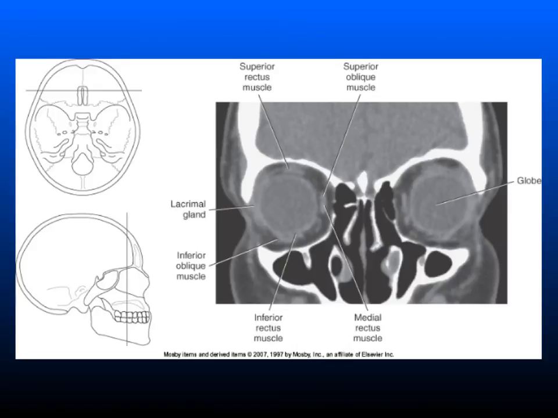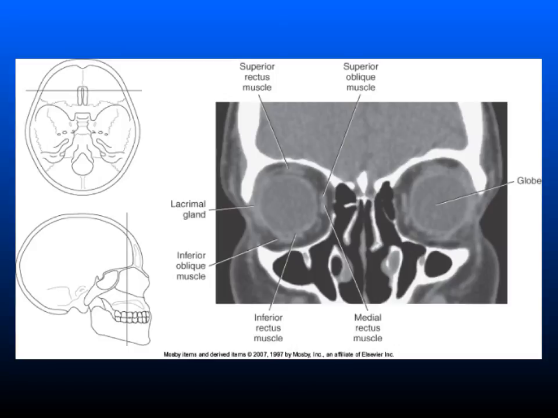So the rectus muscles, remember, you have a superior and inferior, you have a lateral, and then you have a medial rectus muscle. Lateral just meaning on the lateral side of the eye, and then here's the medial rectus muscle. So those are the four, and then you've got the two oblique muscles. Questions?